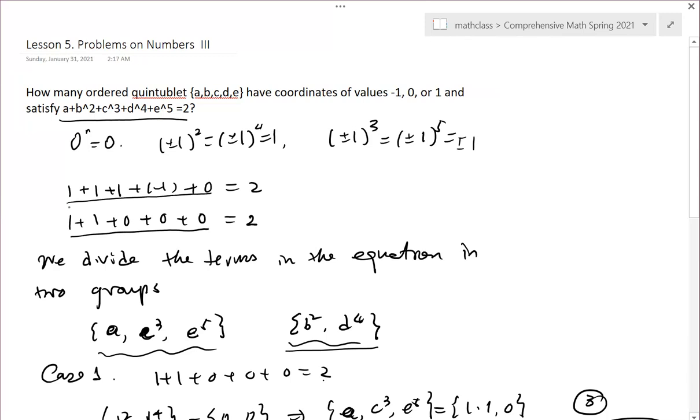So you notice that you can have 3 ones, 1 -1, and 0, and you can have 2 ones, 3 zeros. Those are the only 2 possibilities. But it's not corresponding to the same order like AB squared C cubed, right?